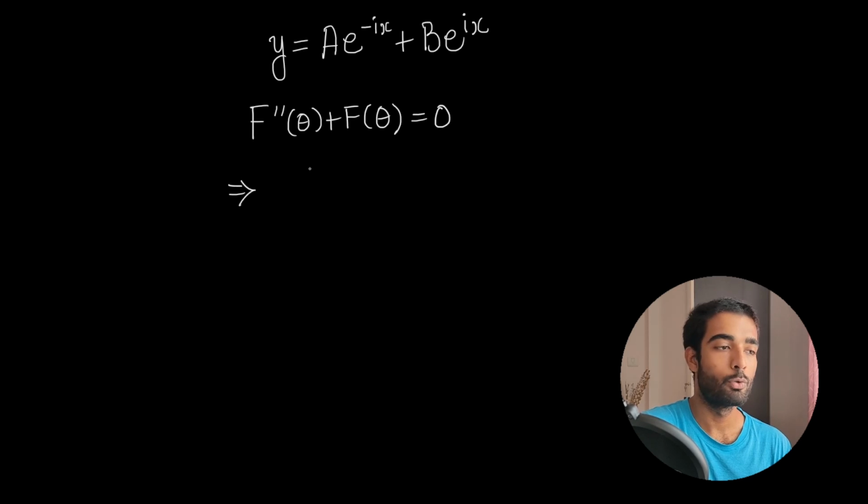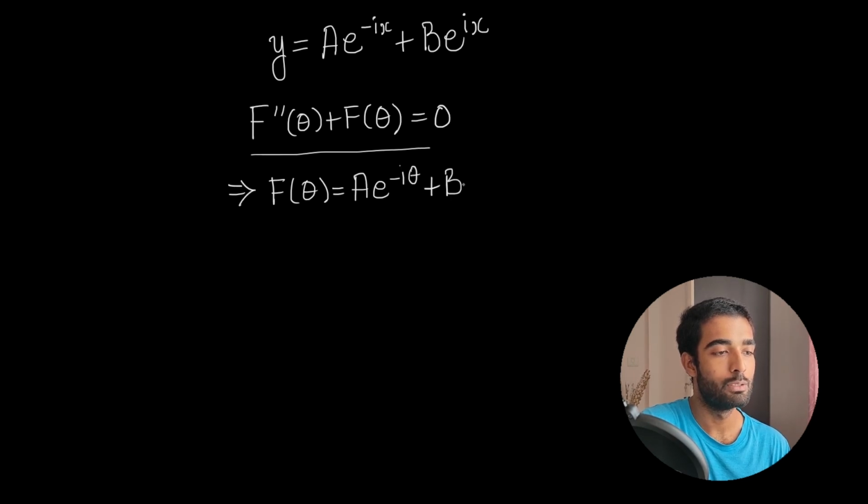Now again, we are going to move back to our original equation, and we are going to write f of theta equal to a e to the power minus i theta plus b e to the power i theta, which also is equal to cos theta plus i sin theta.